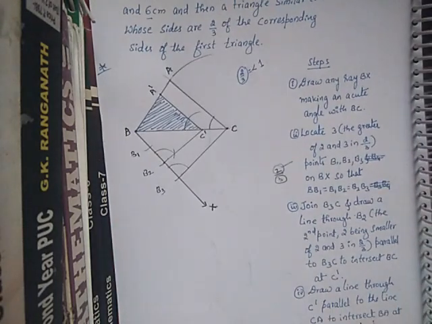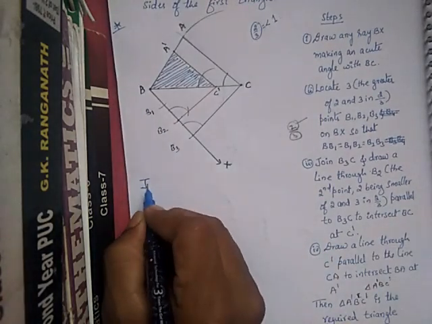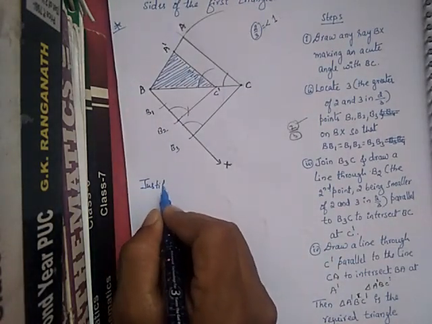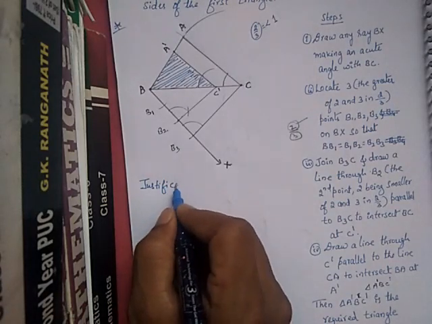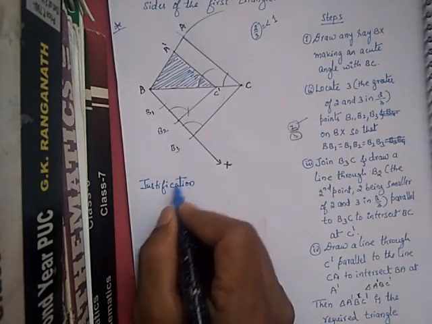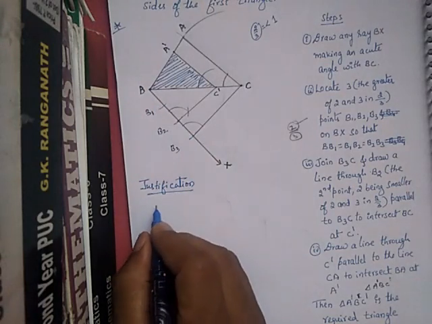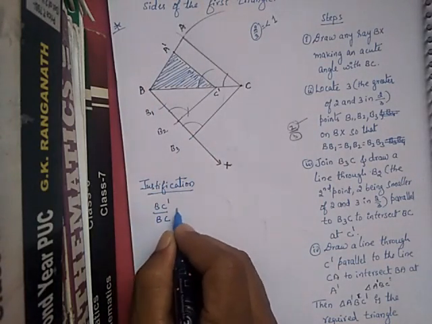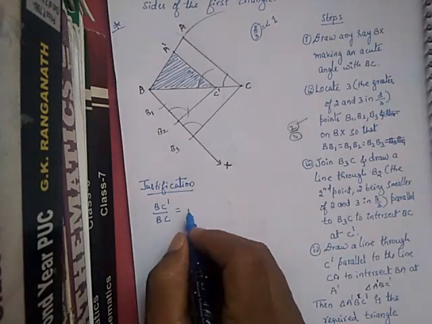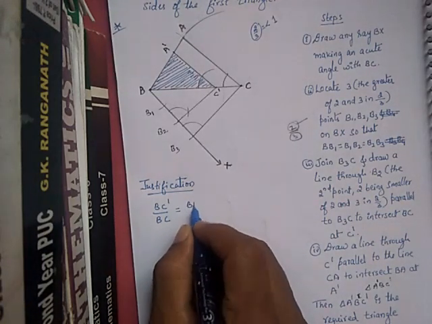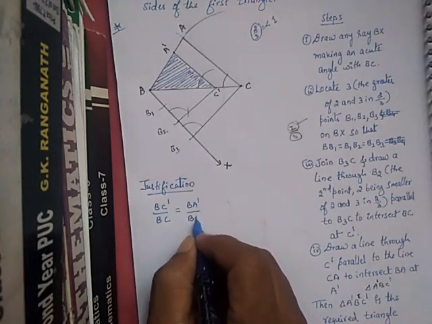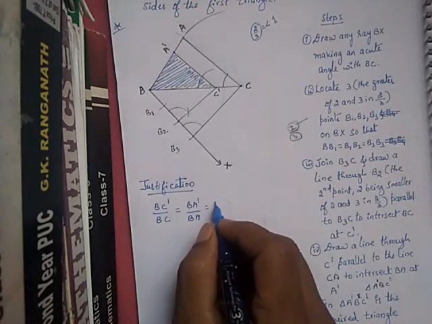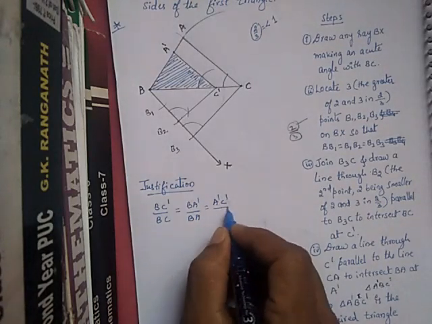So for this, justification also you can do. How to do the justification, see here, this is very simple and very important also. Just remember how to do this. So first, see here, BC dash divided by BC you can write is equal to BA dash divided by BA is equal to A dash C dash divided by AC.